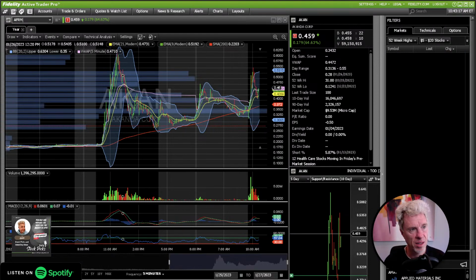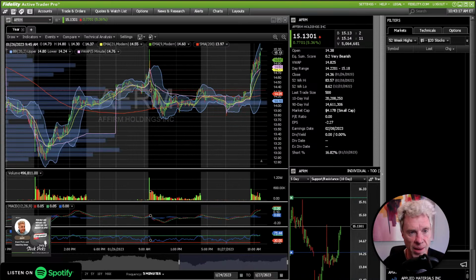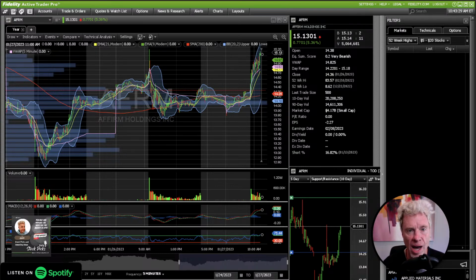I think all of the risk on assets are moving up. Yeah, look at Affirm. I'm still not in ARK. And VRO you missed the comparison of ARK, Apple, Berkshire.